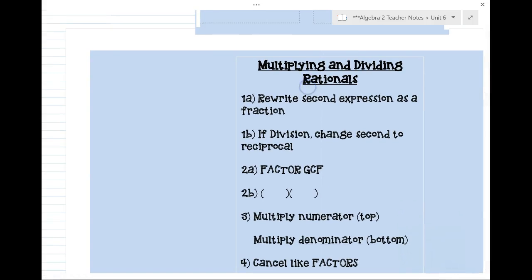So if I have this problem, 12a over 2 times 11 over 14a squared, the first thing I want to do is rewrite the second expression as a fraction. The nice thing about this is it's already in fraction form, so we're good there.